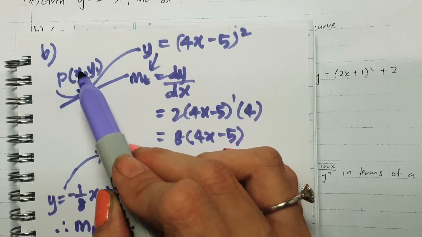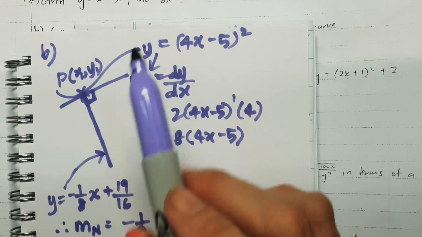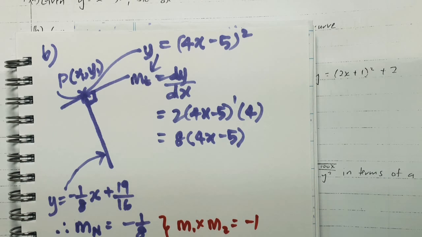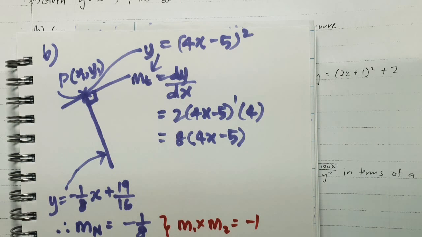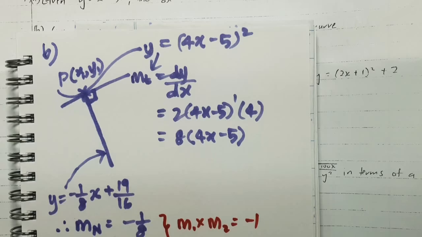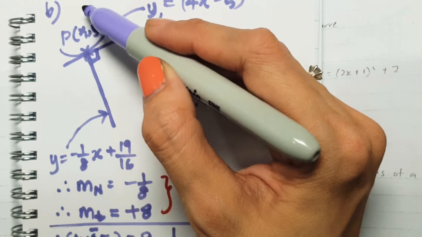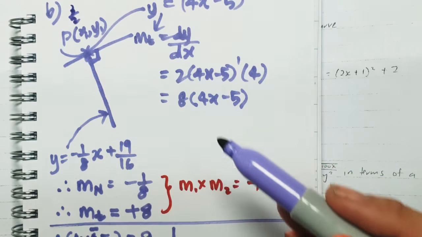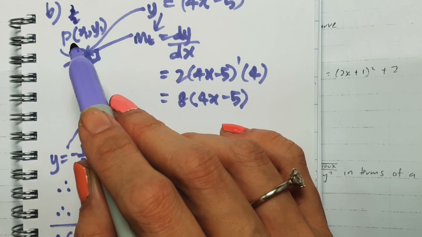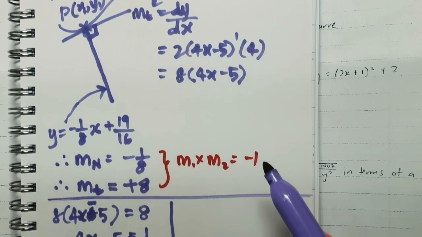If you substitute this x into the curve, we can find the point. So the next step is to substitute the x that we just found, 3 over 2, into the curve.